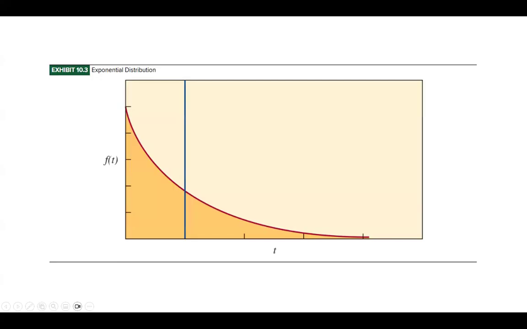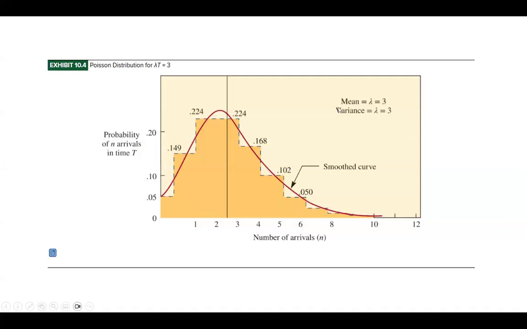The figure here is the exponential distribution, so we consider the time: how long for the next customer's arrival. In this figure, we analyze the Poisson distribution, looking at the probabilities of the number of arrivals during time t.